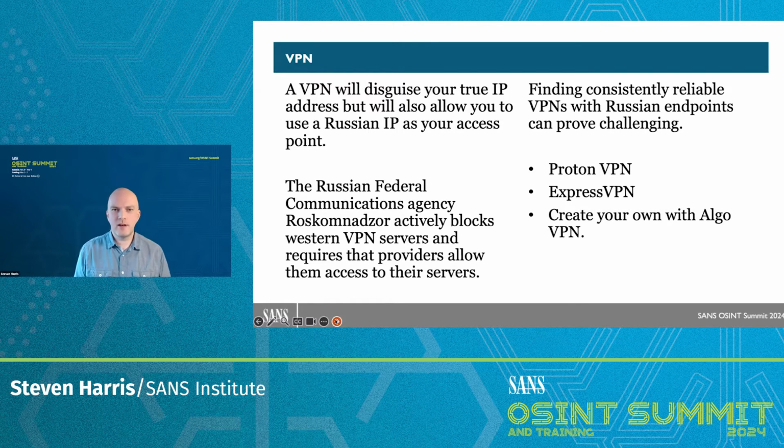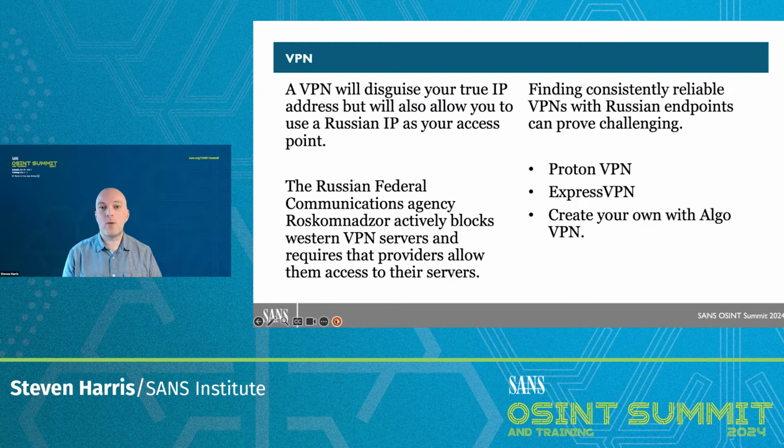VPN, virtual private networks. They are a core tool for open source intelligence investigators. And the reason is they do two important things for us. The first thing is that they disguise our true IP address when we connect to the internet. So if we're working in our office or working from home, we don't expose our organization's or our home's true IP address.